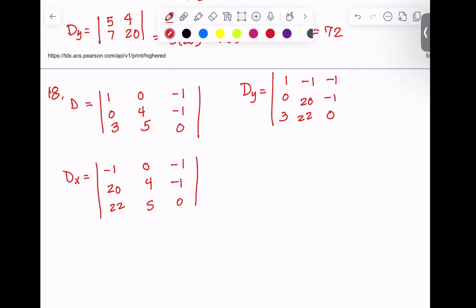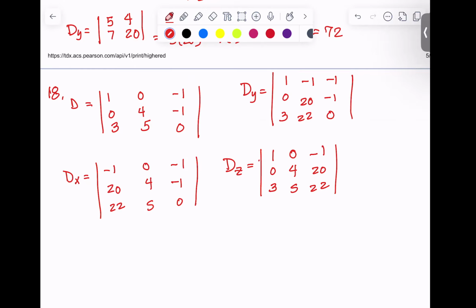The x column and the z column remain the same. For D sub z, we take D, the first two columns are the same, and then we replace the z column with the constants.